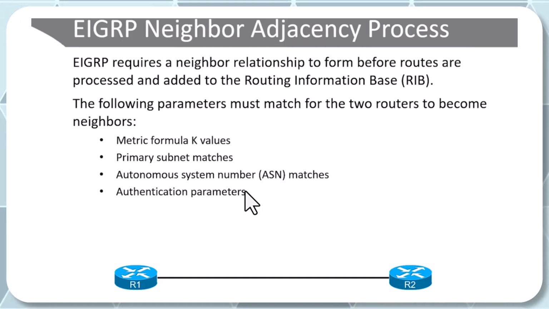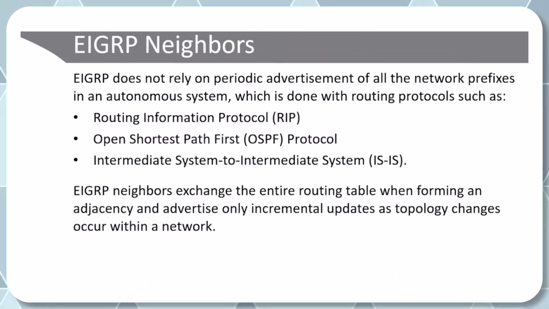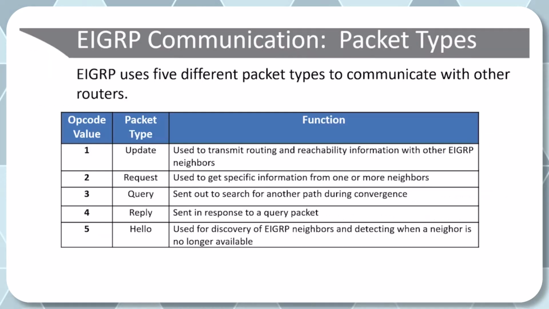So what will these two routers do? First of all, these two routers exchange these kinds of packets: update packet, request packet, query packet, reply packet, and hello packet as well. These packets are basically sent in the process of creating a neighbor relationship.